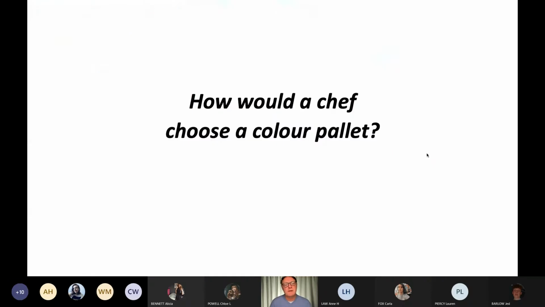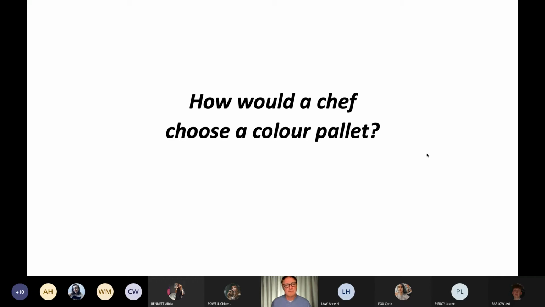Equally, how would a chef choose a color palette? What's unique from a chef's perspective that's different to that of, say, any other? How do they look at things?